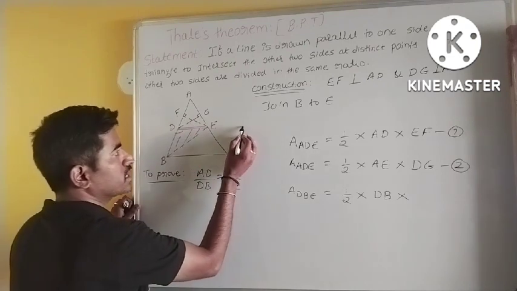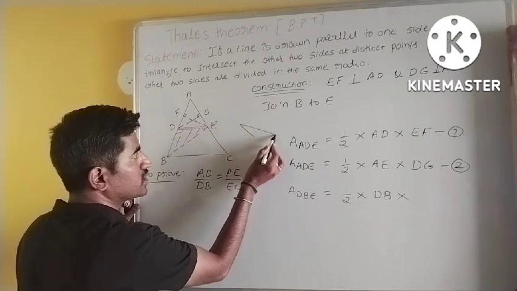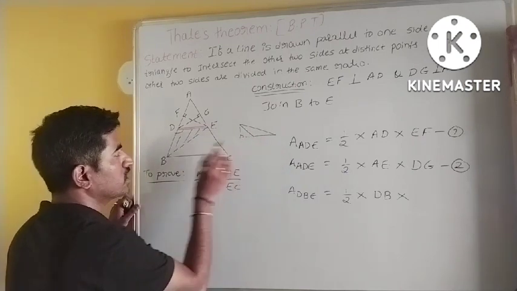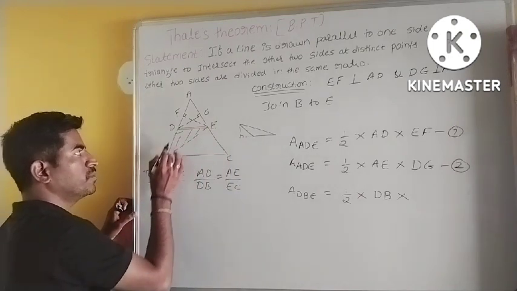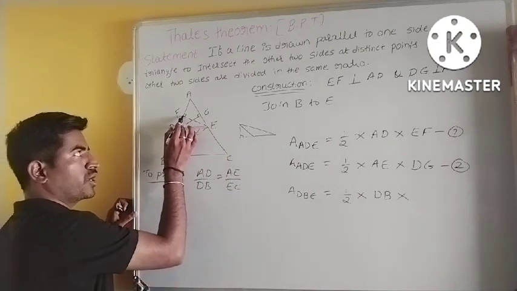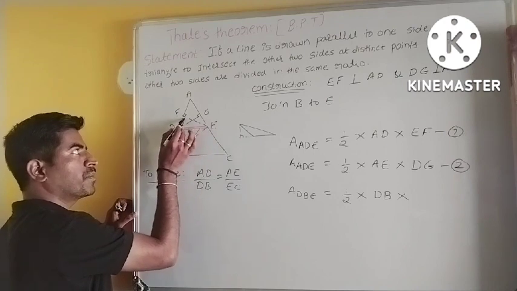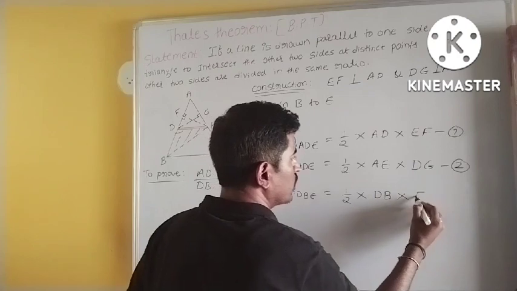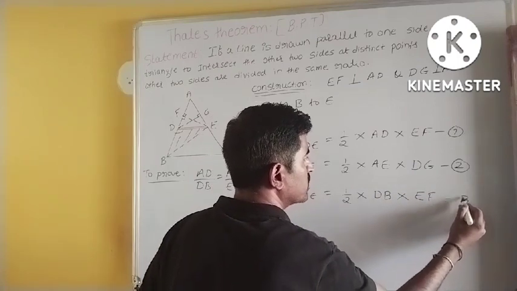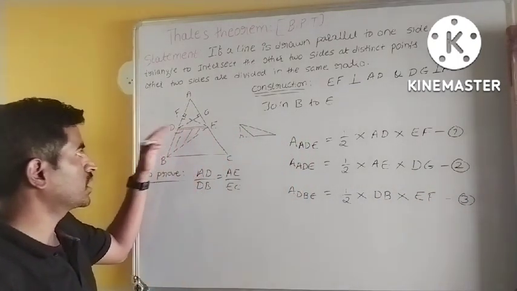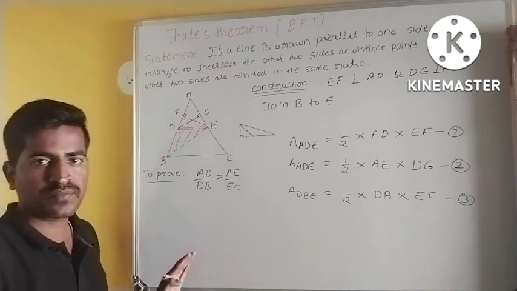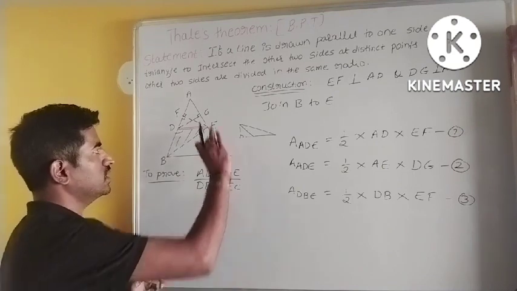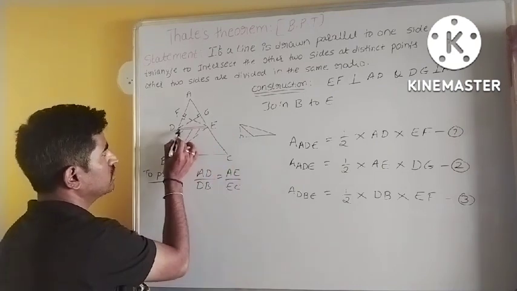When there is an obtuse angle triangle, we extend this line to get the perpendicular height. In the same way, I will extend BD until this point F, then I will get the perpendicular height EF. So DB into EF, this becomes the area of this particular triangle DBE. In the same way, I want EC now. In order to get EC, I will take the triangle.